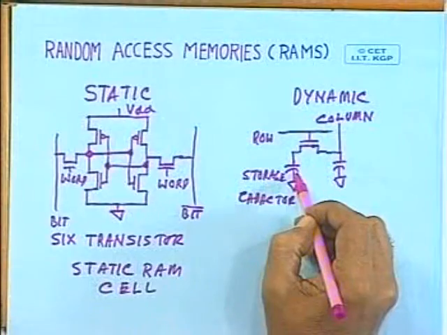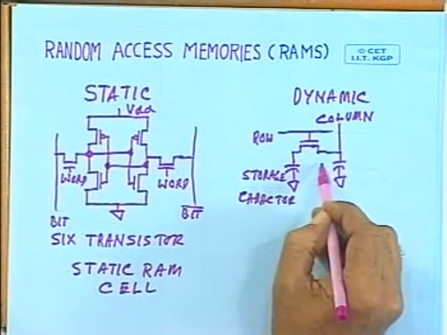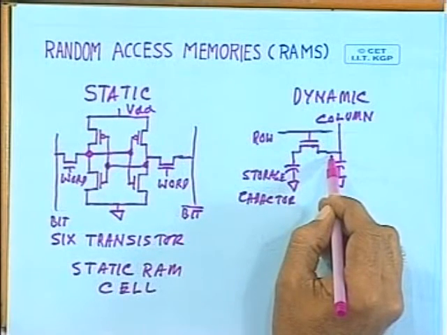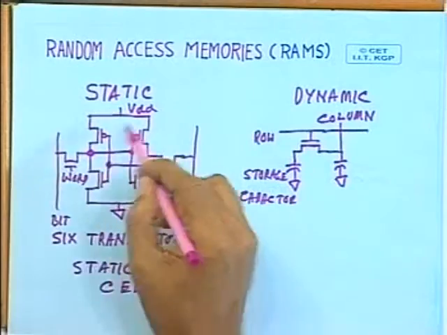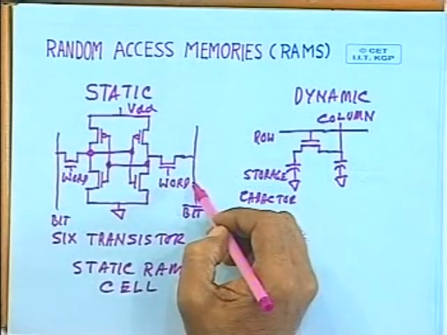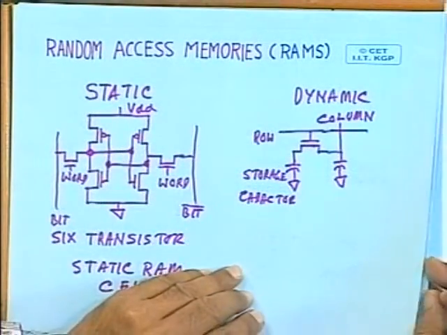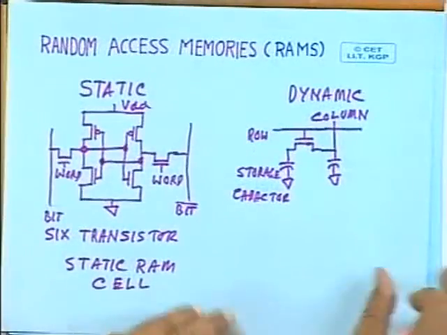And you may be asking why you are doing that. The main reason is that to store 1 bit of information, you require only one transistor. On the other hand, here you require 6 transistors. Obviously, the static RAM will require more chip area per cell.